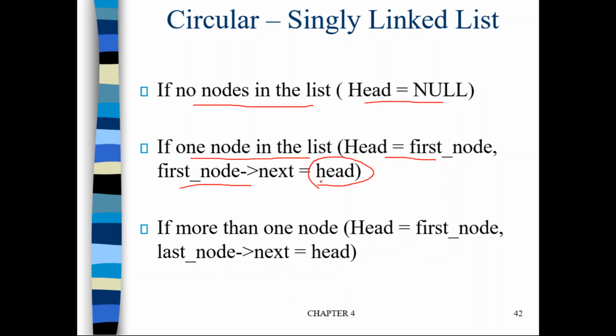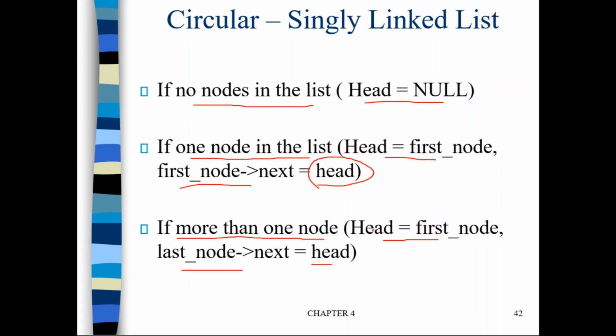If there are more than one node, then what is the scenario? Then the head will point to the first node, and the last node's next will point to the head. Point to head means what? It is not actually pointing to head. The last node's next will point where head points. Here it is not pointing to head. We are assigning last node's next equal to head, which means the last node's next will point where head is pointing.